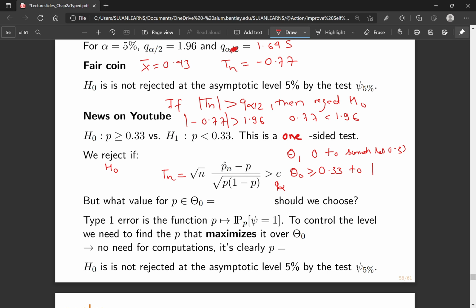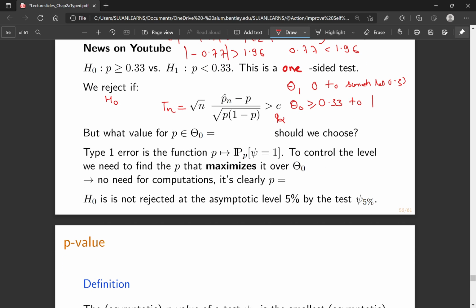Now let me write a function that will help us understand what the value of q alpha should be. At this point, what should the value of P be here?